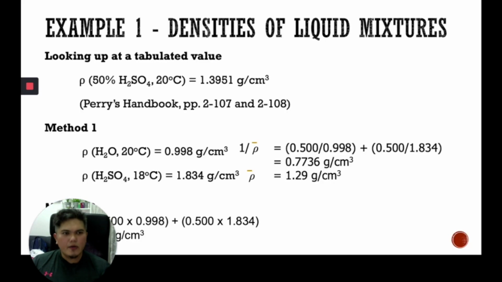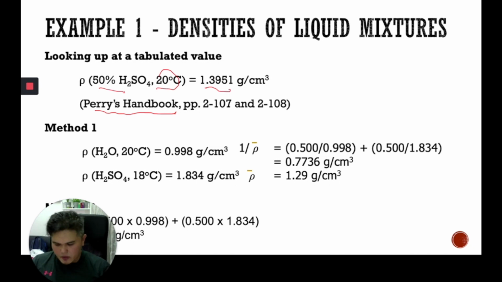If you are looking it up, you can look at the Perry's handbook, which you can get from the library or is available online. From this, you can see that at 20 degrees Celsius, 50% sulfuric acid gives you 1.3951 gram per cubic centimeter.